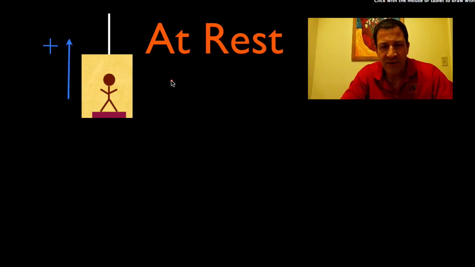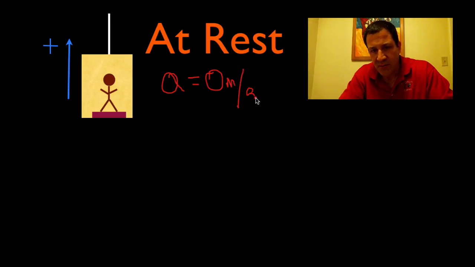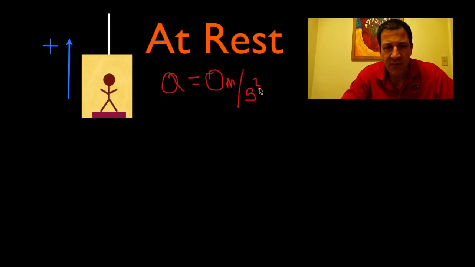Okay, the first one is the elevator at rest. You have gotten in the elevator and you're staying there, it's at rest, so the important thing in this case is that the acceleration is equal to 0 meters per second squared. Alright, we're not moving. So therefore, we're going to draw the forces. One of the first things you always do on these is draw the forces.